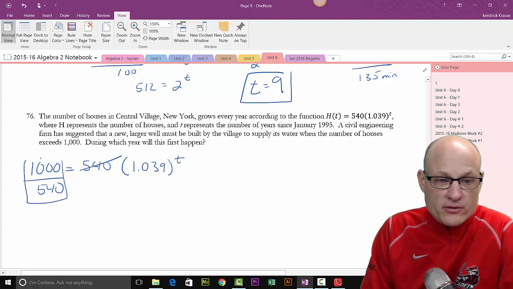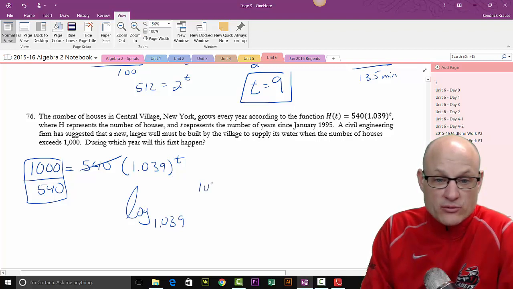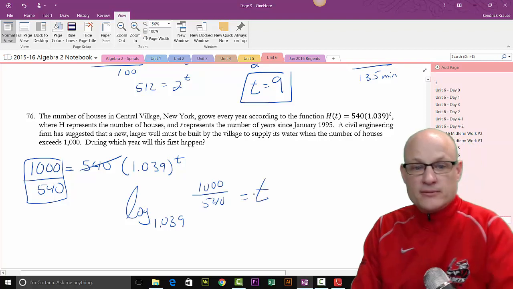Well, if I divide by 540, it doesn't matter what this is. So now what I have is an exponential, so it's going to be the log, it's all about the base, base 1.039 of 1,000 over 540 is equal to t.